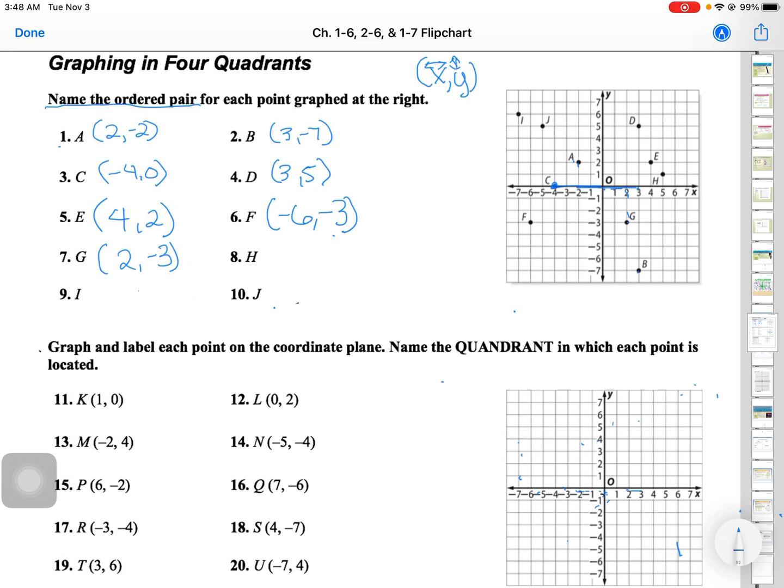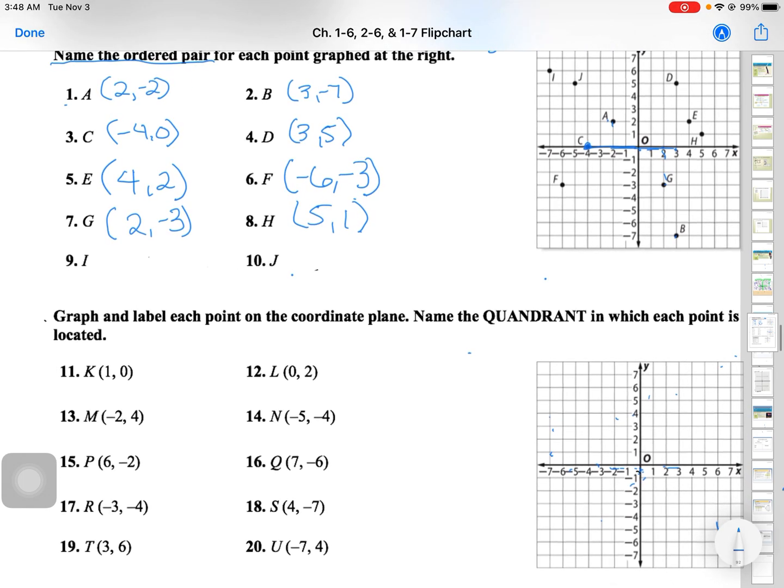H, I had to go over 5 and then up only 1. Yes, for I, (-7, 6). And J, (-5, 5).